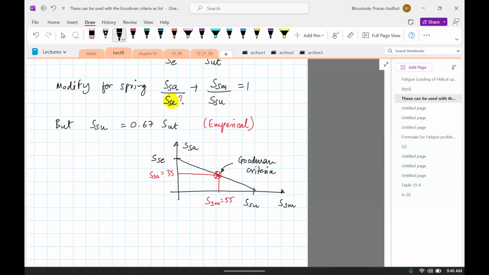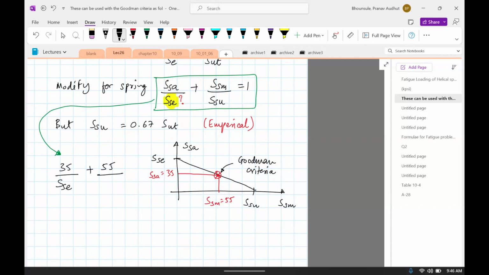So what we'll do is take this equation and substitute the values of SSA and SSM. SSA is 35, SSE is unknown, SSM is 55. Now SSU is 0.67 SUT. I'm just going to assume some value for SUT. I forget the exact spring material, but this is from one of the tables.